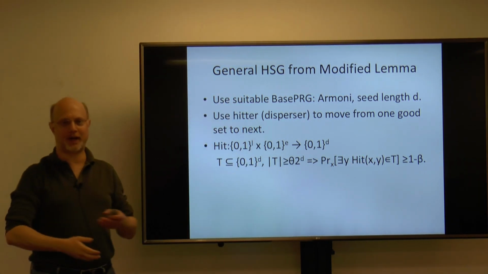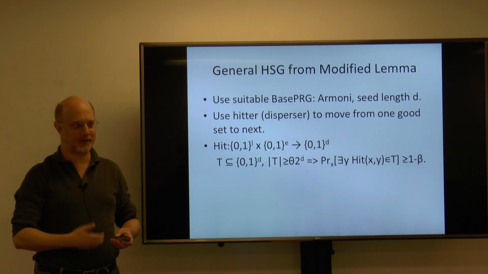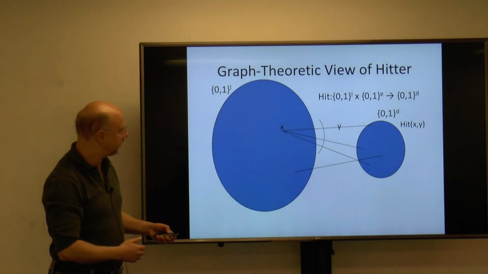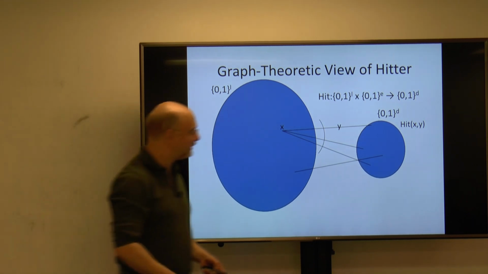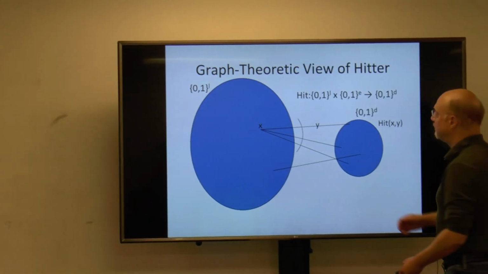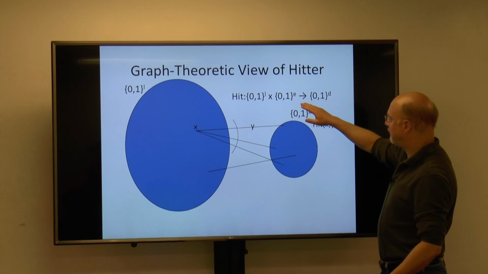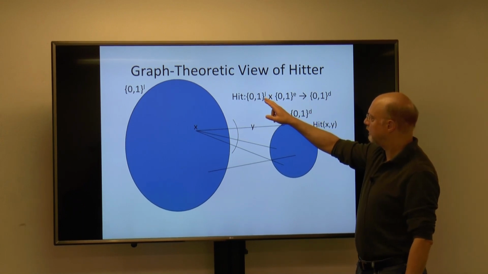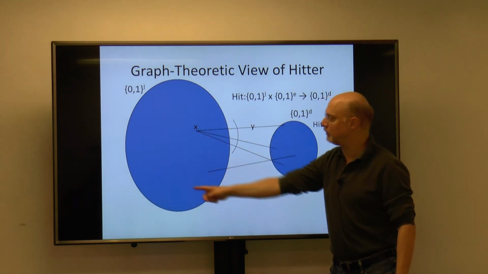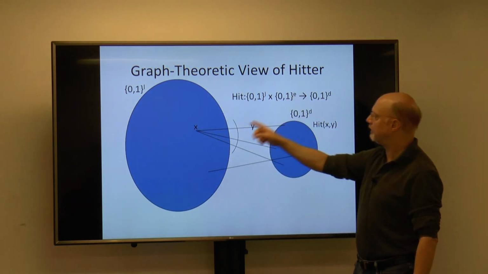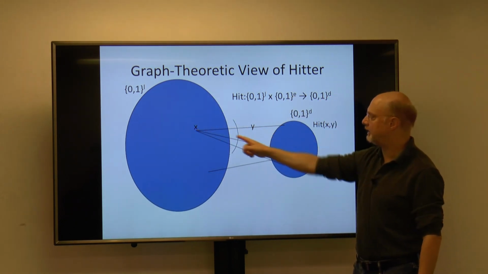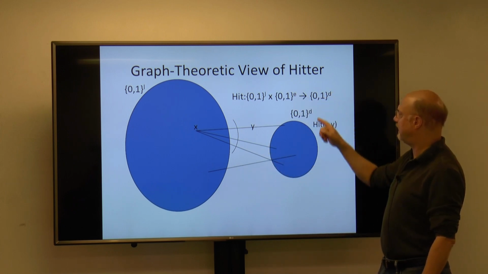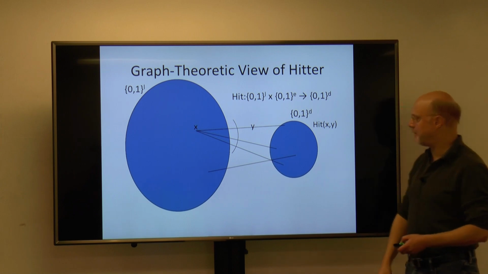So it's a way of amplifying the success probability. I'll give you a picture here. This may be easier to follow. Right. So now I've drawn it as a graph. So the hitter takes two inputs. The first input we'll write on the left. The second input we'll think of just choosing an edge here. And it outputs a set of strings D, in 0, 1 to the D.